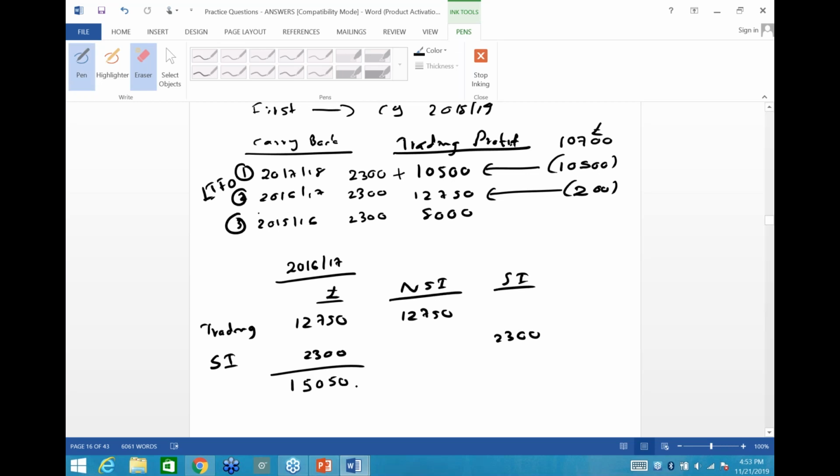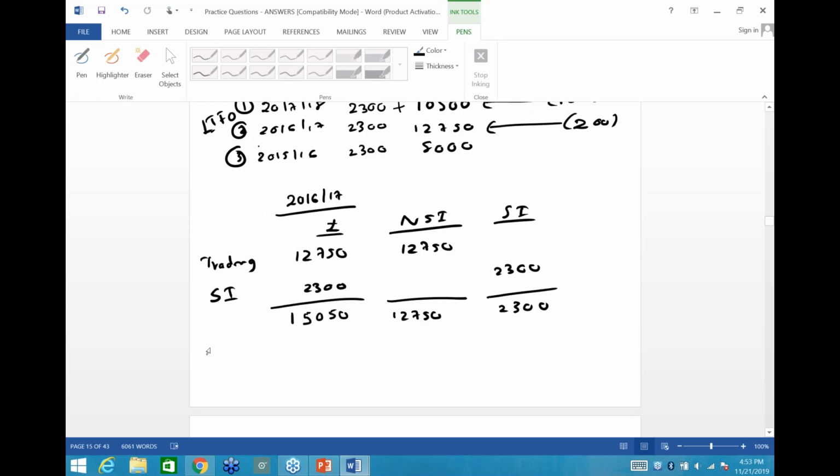Out of which 12,750 is non-savings income, balance 2,300 is savings income. Here, if you claim your personal allowance, 11,850, still there is a taxable income.